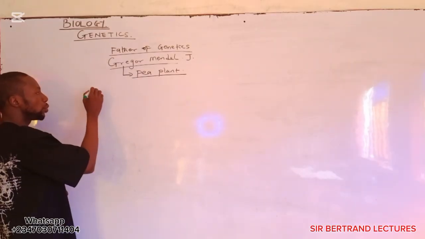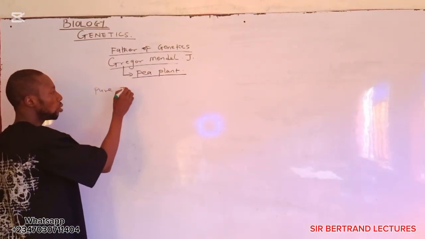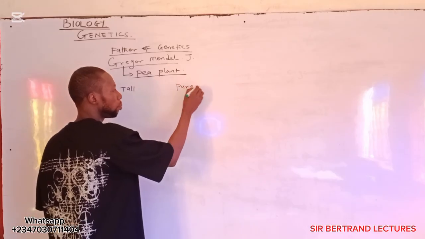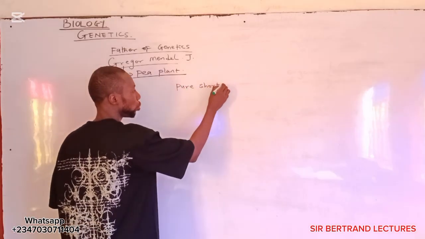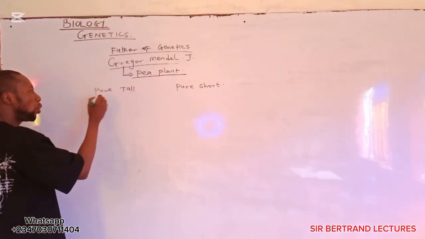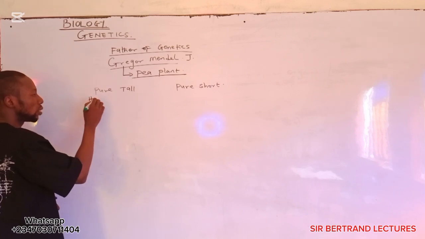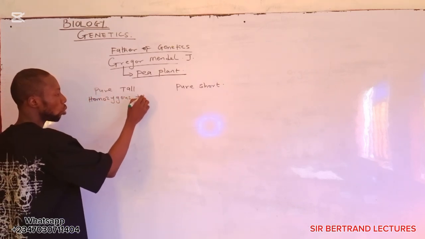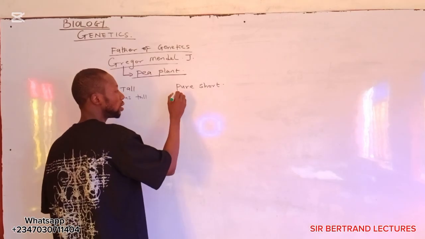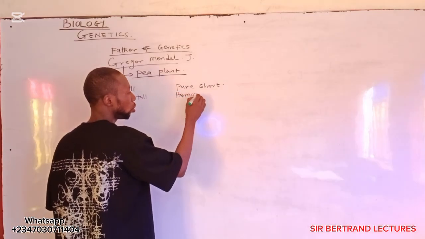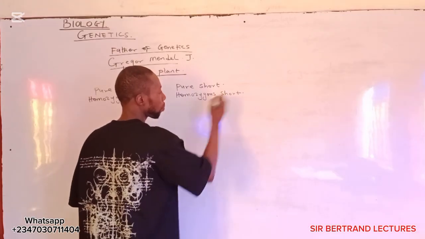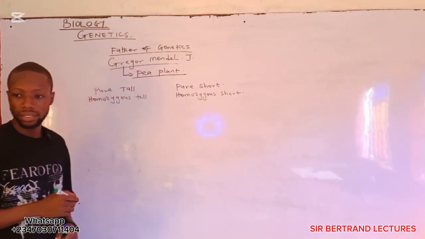Okay? He used pure tall and pure short. Right? The pure tall here is homozygous tall. Then the pure short here is homozygous short. Do you understand?